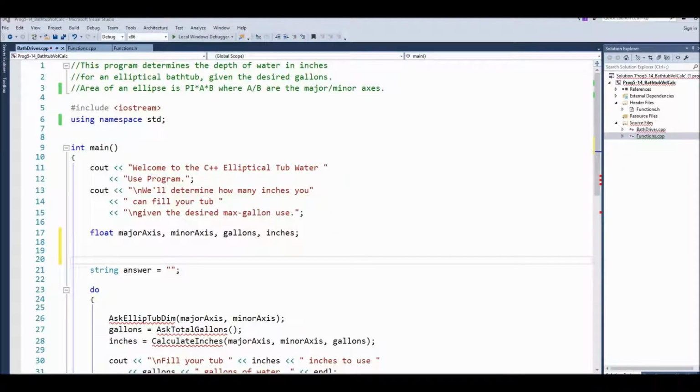Hello, in this tutorial I'm going to demonstrate the use of some debugging techniques in a program that has functions. There is a discussion about using the debugger, I believe, in Module 3, and this one will take us a little farther.